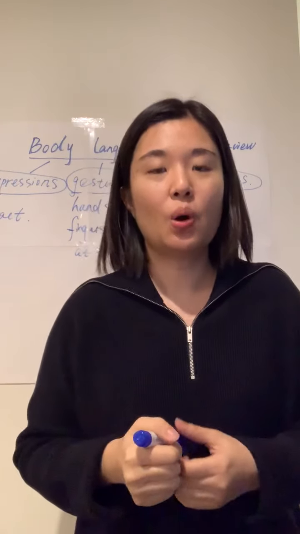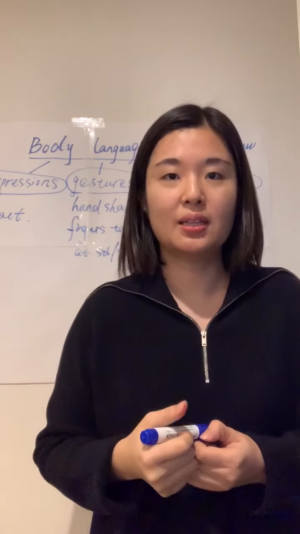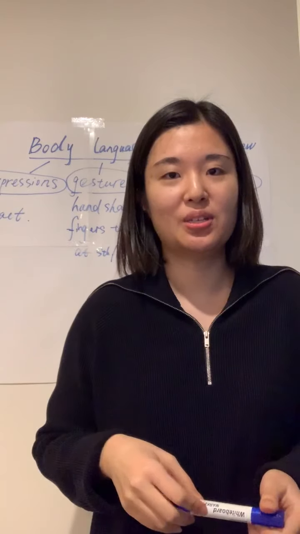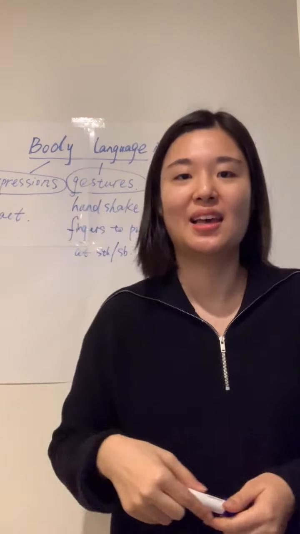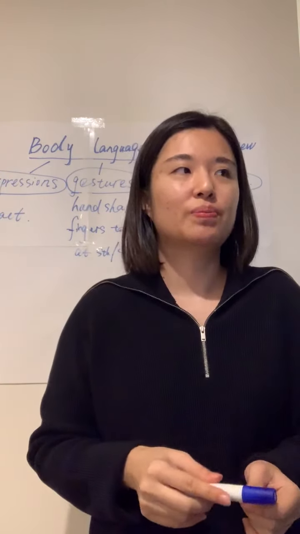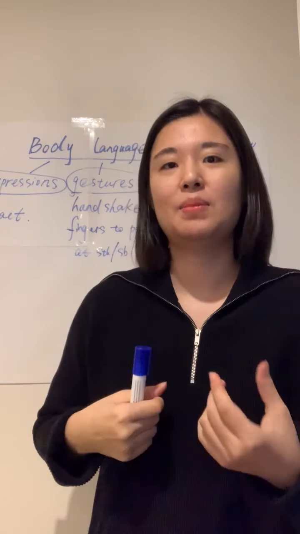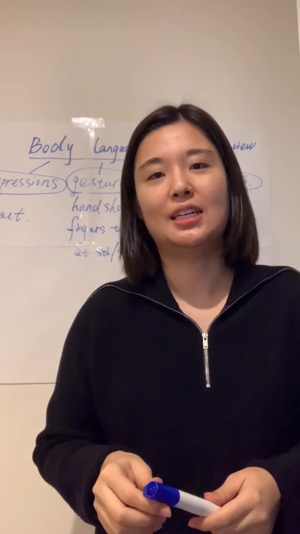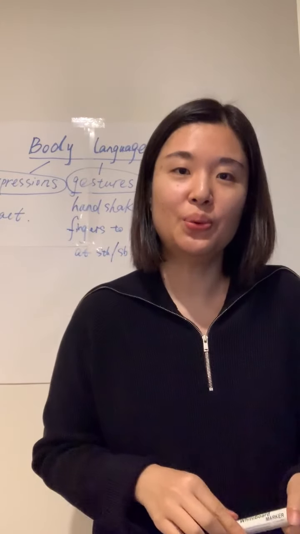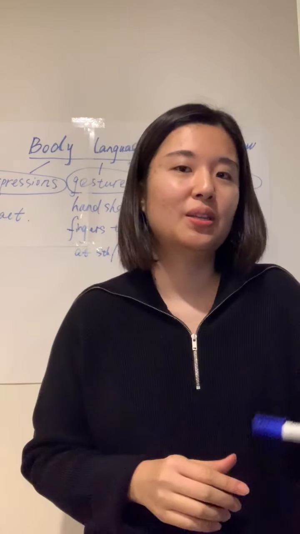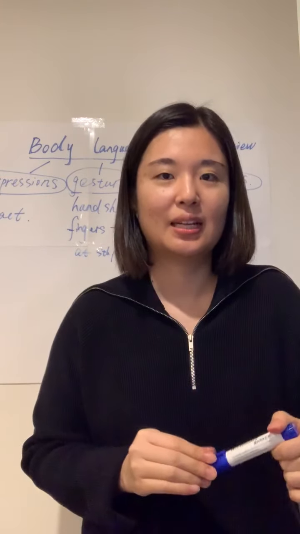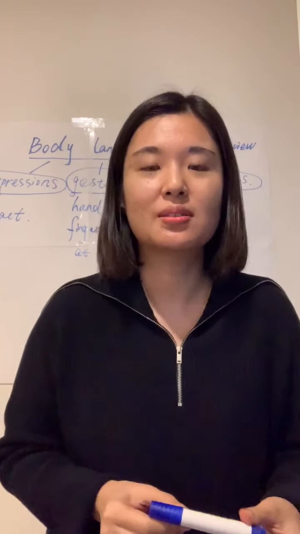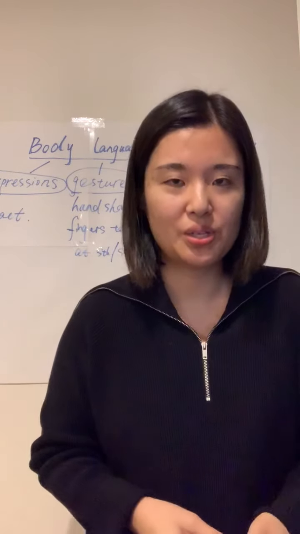And today's homework is to practice more of your body language, the three key components. After you go home, you can imitate an interview with your friends or classmates or parents to practice your body language, okay?